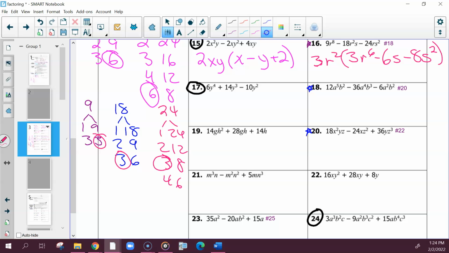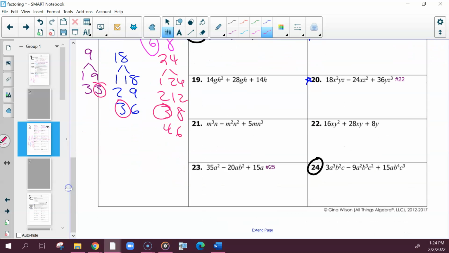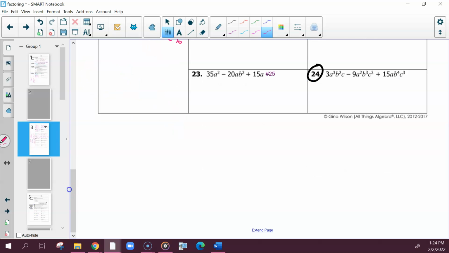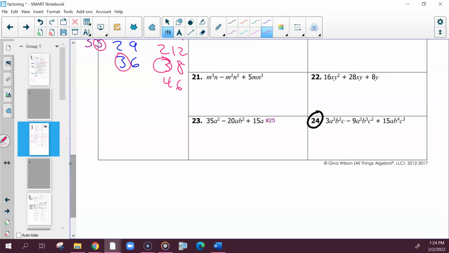Alright, we're going to do one more of these, and then I'm going to show you how you could do this on Desmos to use for practice purposes. Let's do 24. What number could I divide out of each of these? 3.